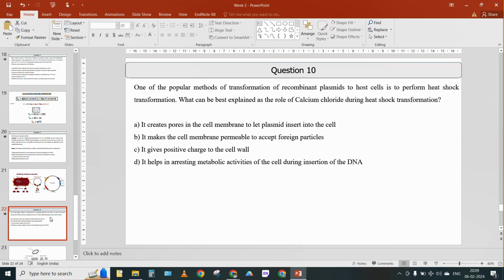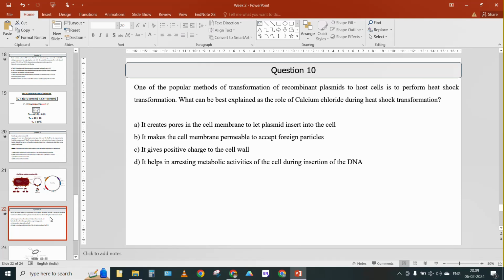Sir, actually, calcium chloride just makes the cell membrane permeable. Exactly, that is option B. Go ahead. When it makes the membrane permeable, then for some amount of time the bacteria goes into a kind of shock, which is called heat shock.